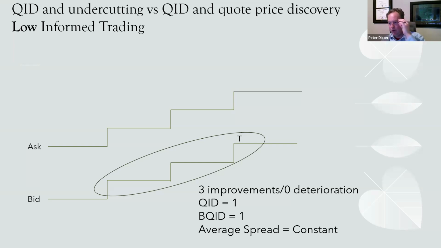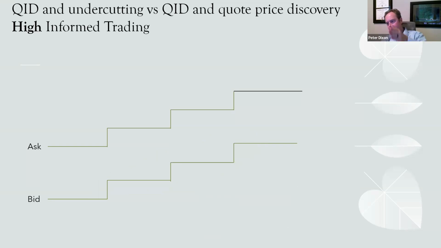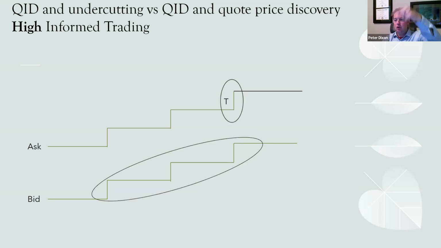If we just computed quid on the bid side of the market, we're calling it B quid, so it's ignoring the ask, you'd also get a B quid of 1, and the average spread would be constant. Now, if it's a high informed trading setting, they're going to switch to the opposite side of the market and demand liquidity. So you might see some quote improvements on the bid, and then a quote deterioration on the ask.